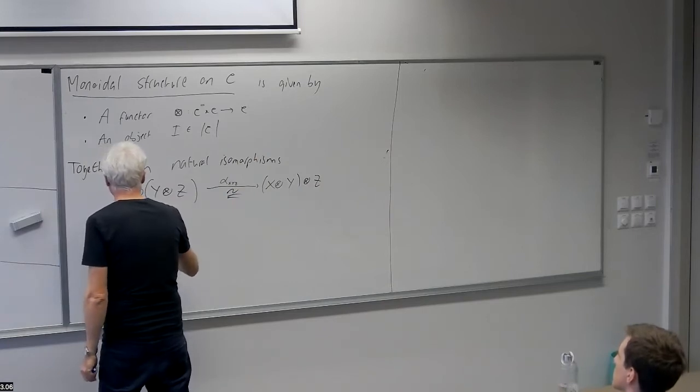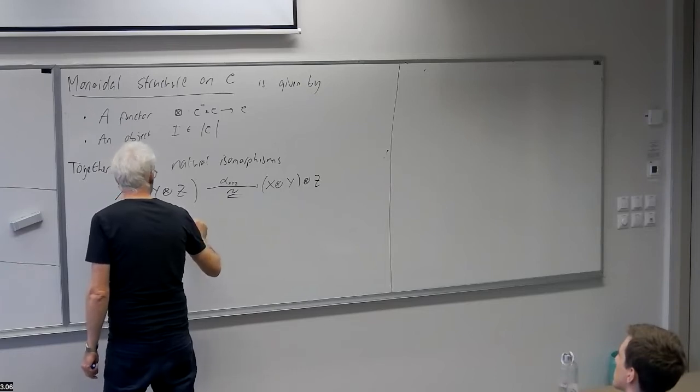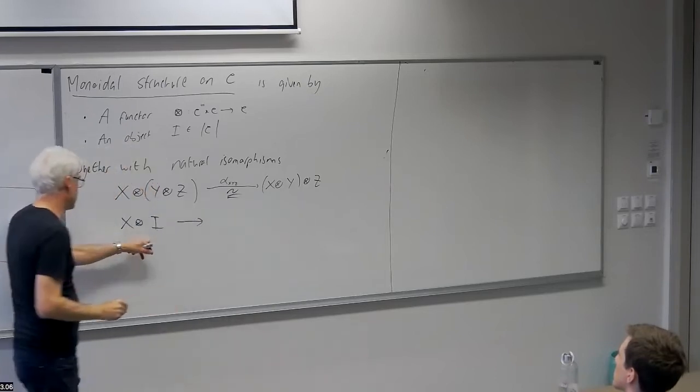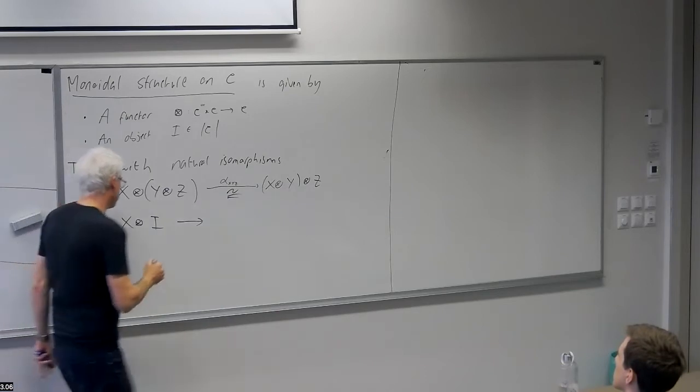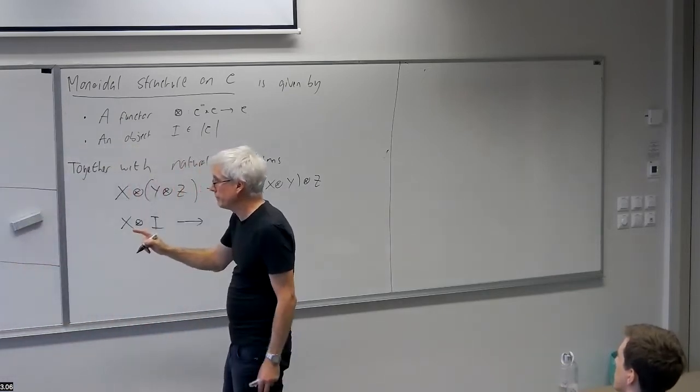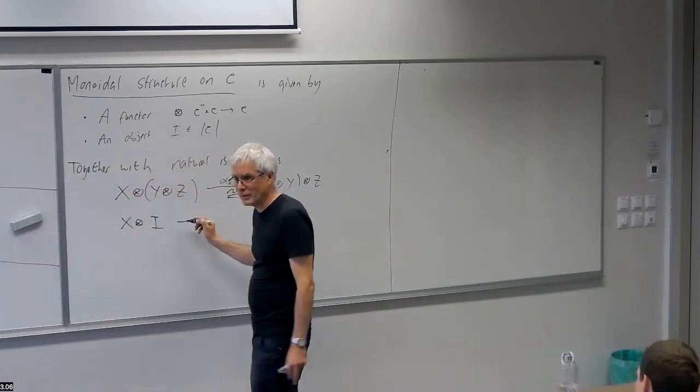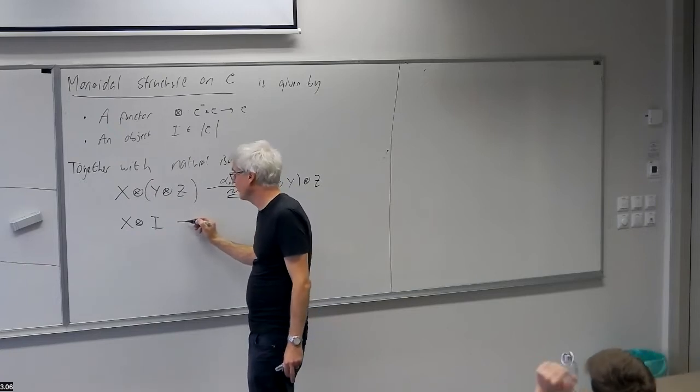And we want the two for the identity property. So I is supposed to be the identity element for the multiplication. So this one's rho.